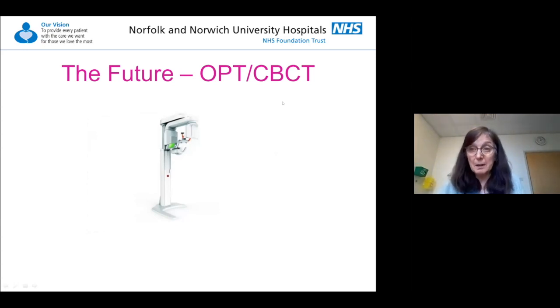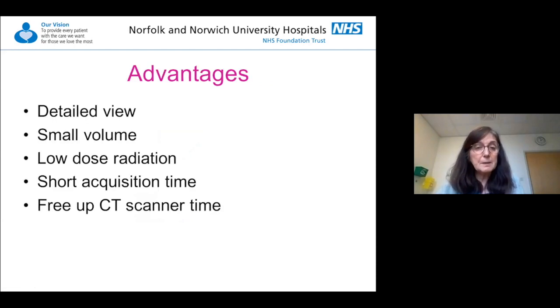We're getting them in dental practices, and we're hopefully getting one here in Norwich later in the year. So this gives a very detailed view of a small volume with low dose radiation and a short acquisition time. But what's really important is it frees up the CT scanner as well for things that can only be done with spiral CT.